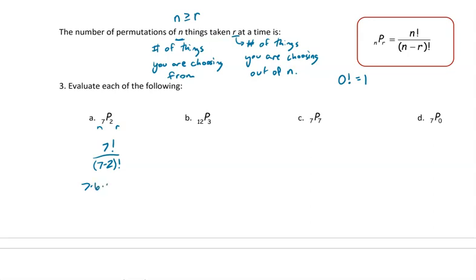Try not to skip numbers like I do. Times 5, times 4, times 3, times 2, times 1. All over 7 minus 2 is 5, so that'd be 5 factorial. And we can cancel a whole bunch of stuff out. And in the end, all we have is 7 times 6, which is 42.